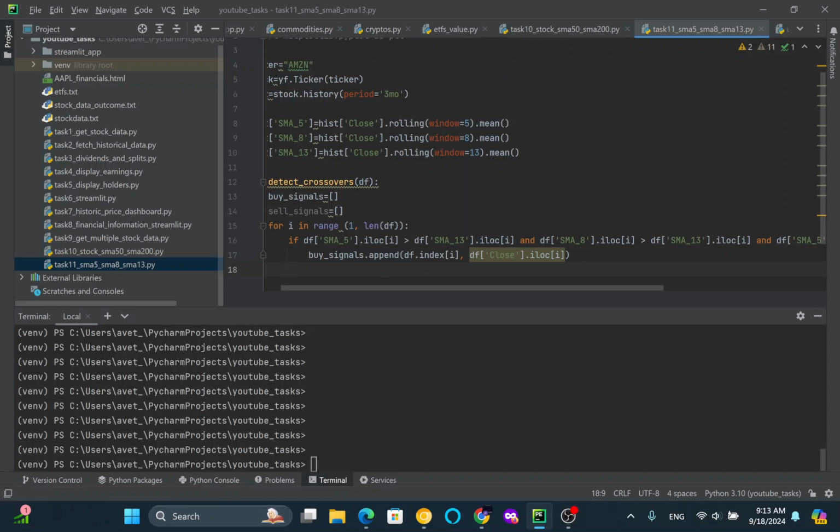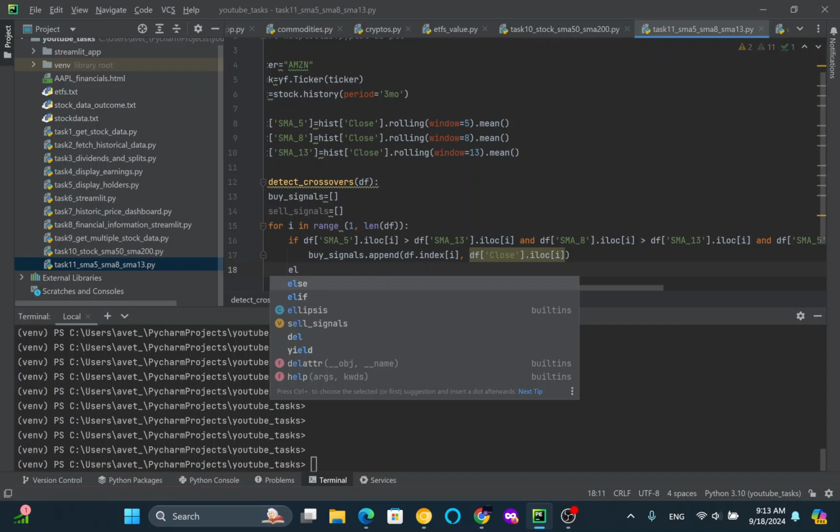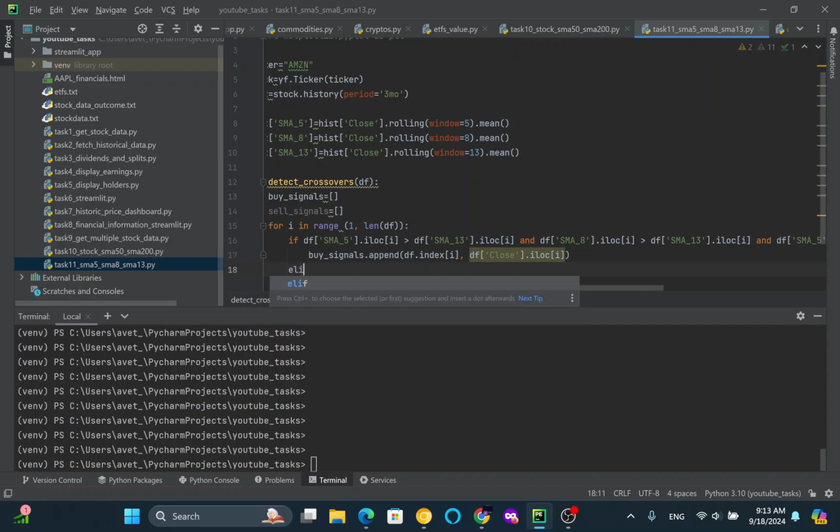Now let's cover the sell part. Elif df SMA. Now the sell signal will be when SMA8 is crossing under the SMA13 and SMA5 at the same time is below SMA8.